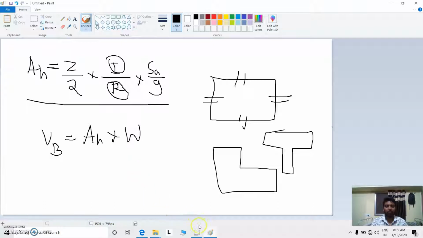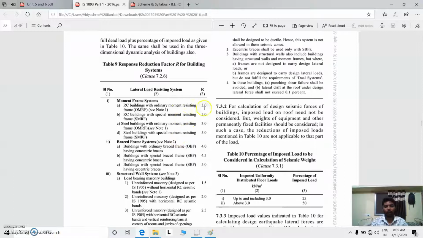Based on that, we have to consider the recommended values in the code, that is 3 or 5. Other than this you don't get any values, because your syllabus will be restricted to RC buildings itself.